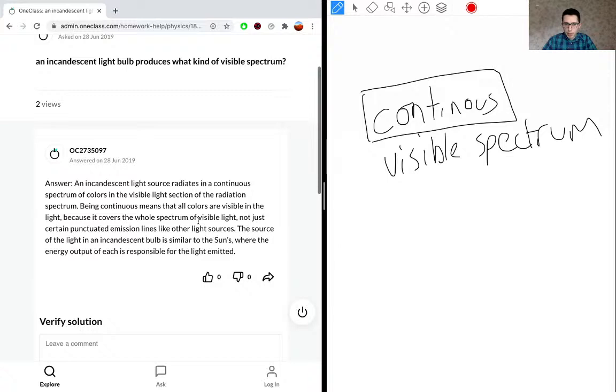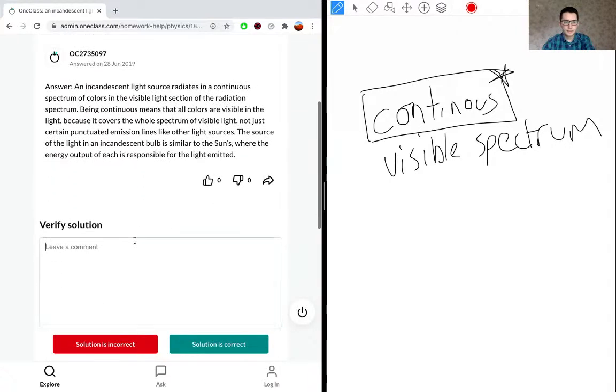The answer is correct, but the most important thing to know here is that an incandescent light bulb will produce a continuous visible spectrum. So that's just something that you would want to memorize for a test. So correct answer. Great.